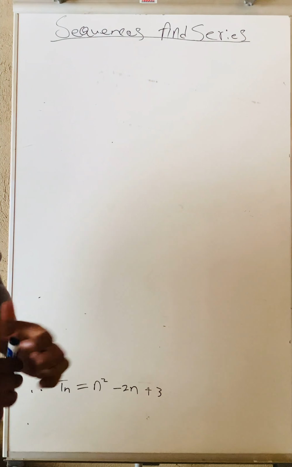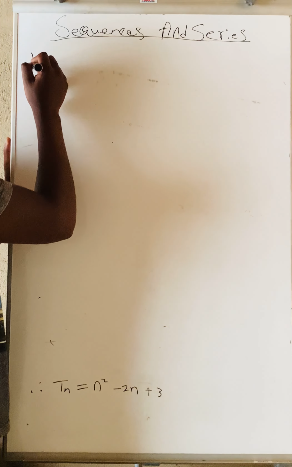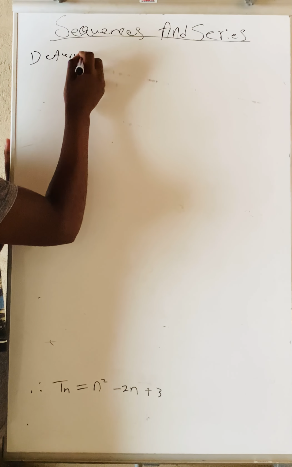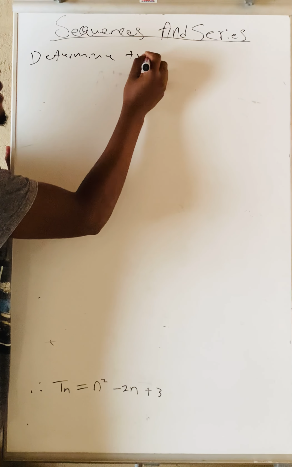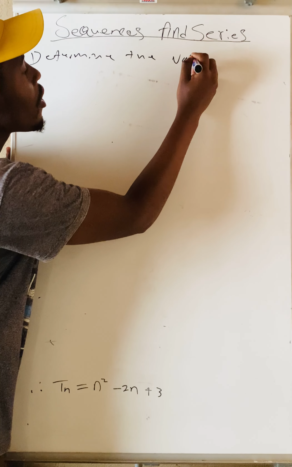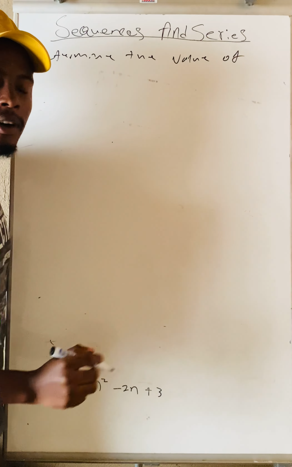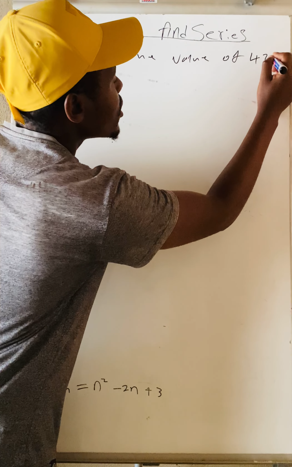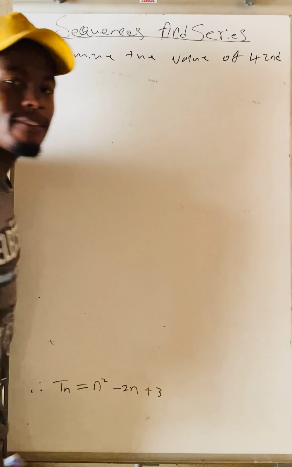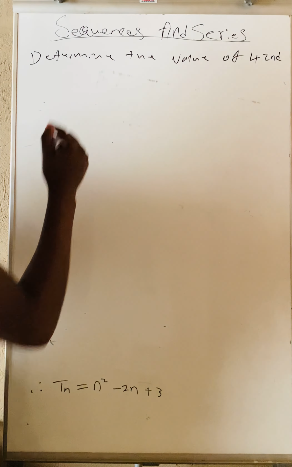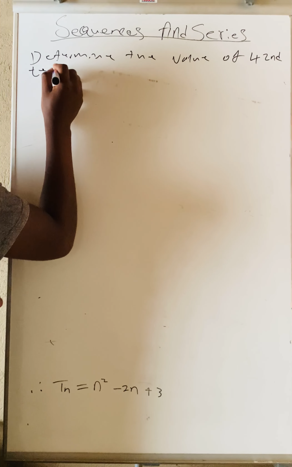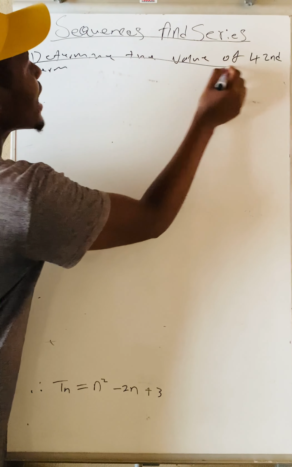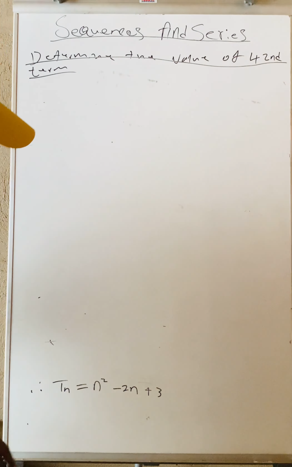Then the other question can be determine the value of 42nd term, right? We are still on the same question, right?